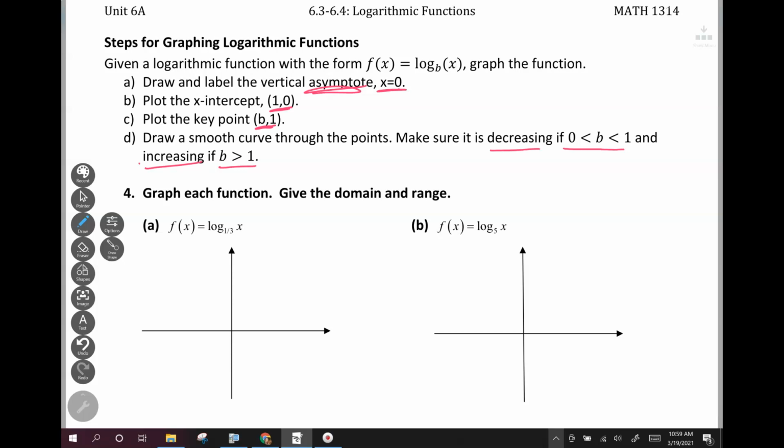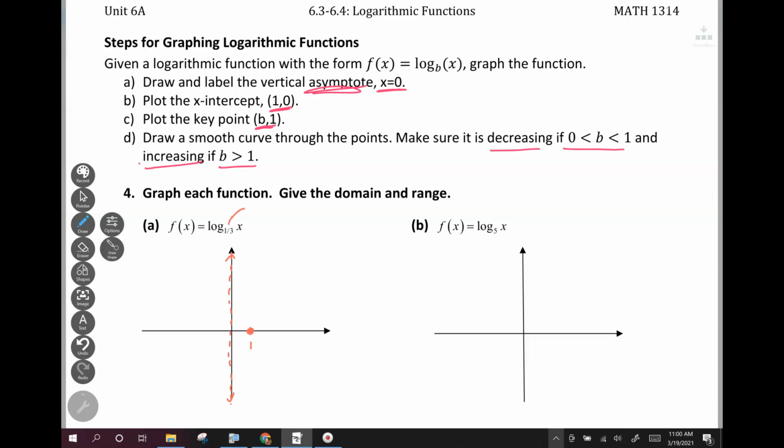All right, so on A, I'm going to first draw my vertical asymptote at x equals 0 to remind me that I can't cross or touch that one and I need to approach it. Plot the x-intercept at (1, 0). So there's (1, 0). And then the key point at (b, 1).